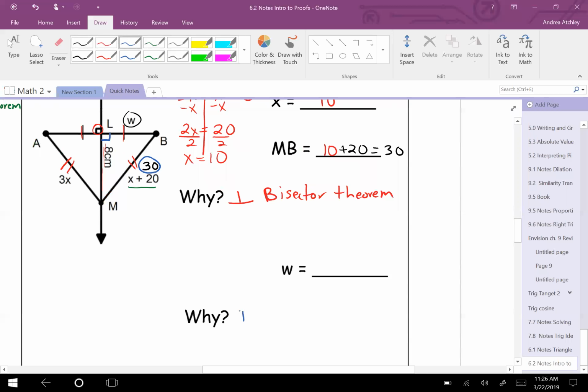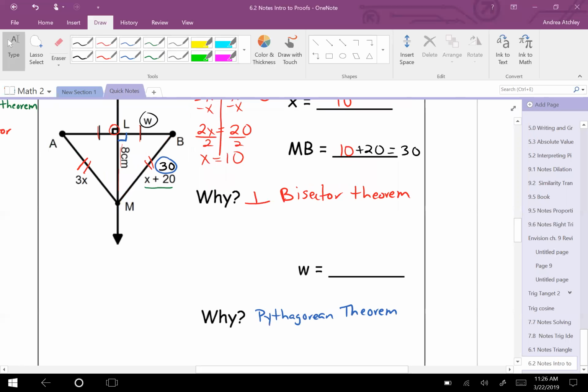So we're going to say why, Pythagorean theorem. So I'm going to give you 8 squared plus W squared equals 30 squared. Any questions over that? Okay, keep going.